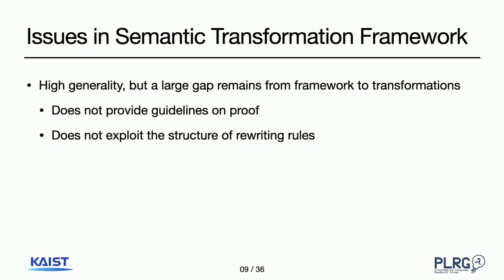Also, the semantic transformation framework does not have the match part, which commonly exists in rewriting rule-based program transformation. So the structure of rewriting rule-based transformation and semantic transformation is different, and it is hard to correspond the components of the semantic rewriting rule to the semantic transformation framework.